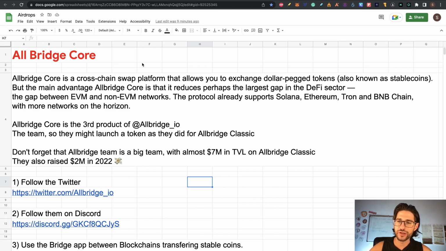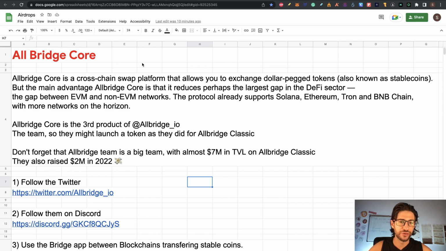This is very important, and actually there are not many bridges supporting all these chains. In this case, they only support stablecoins, so you cannot transfer any token, only stablecoins, but they are really adding chains to the supported area, so that is very interesting.